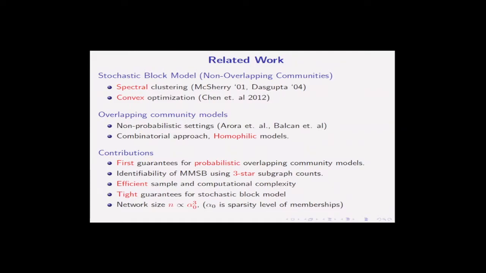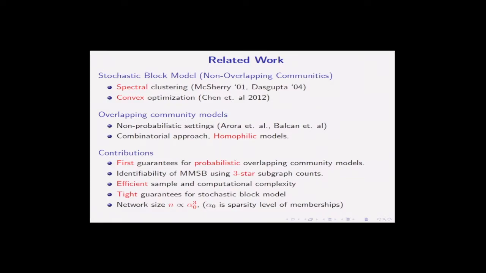As I said when I first started, the first question was, what is the identifiability criteria? Can we first show that the model is identifiable? What we show is that this model is identifiable given very simple functions of the data. That function is the subgraph counts of simple objects, which are 3-stars, which I'll come to in a minute.